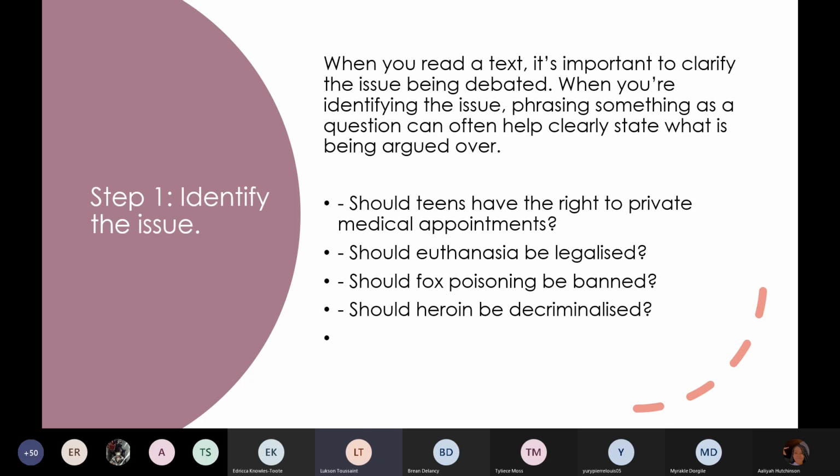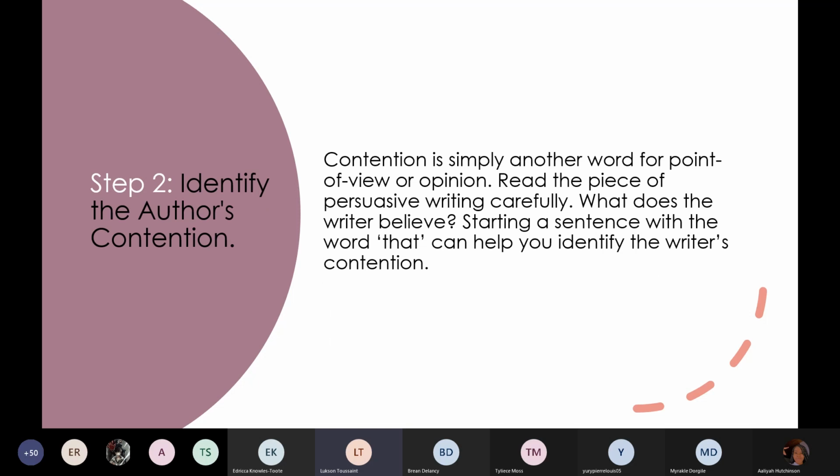And then we would say the author's opinion is that they should not have the right to private medical appointments, right? So you're correct in saying that it is the point of view of the author dealing with a particular issue. So contention is simply another word for a point of view or opinion.